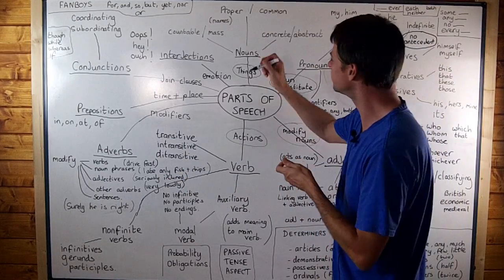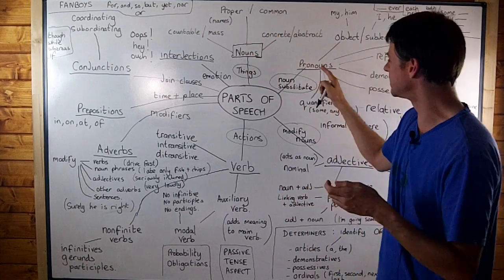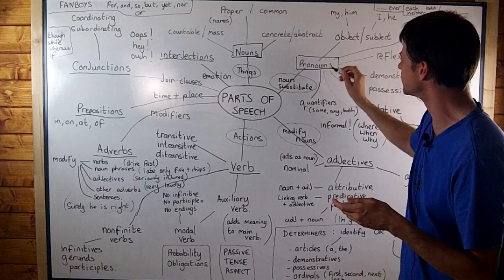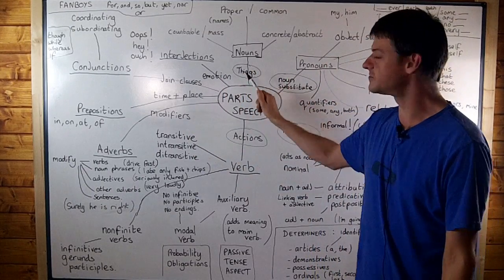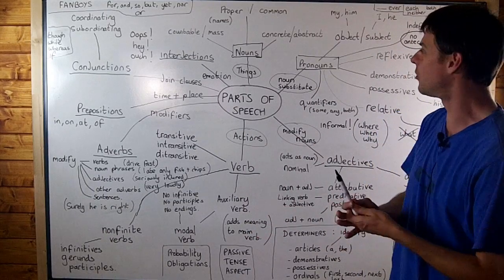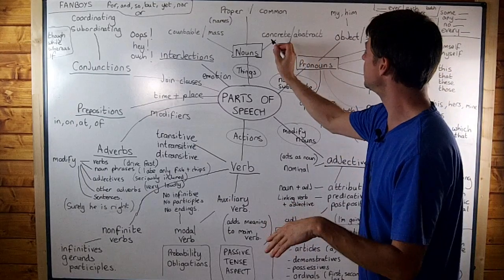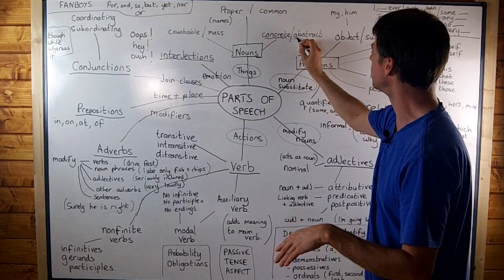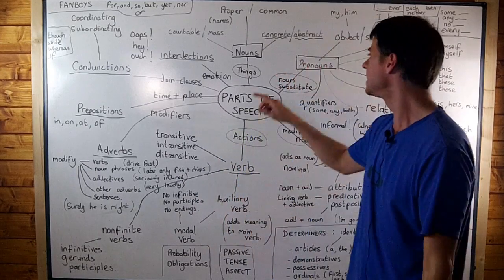Now let's look at nouns first of all. I've tried to show you that each of these categories can be divided into subcategories. So looking first at nouns, nouns are of course things, objects or things, but they don't have to be concrete objects. They could also be abstract objects. Concrete just means physical, you can touch it.